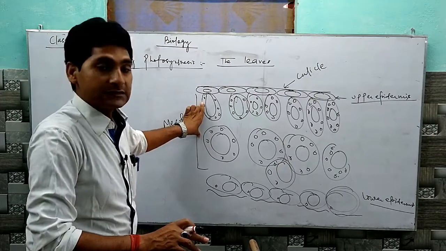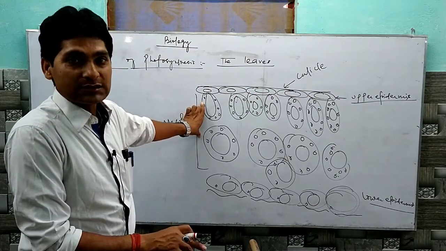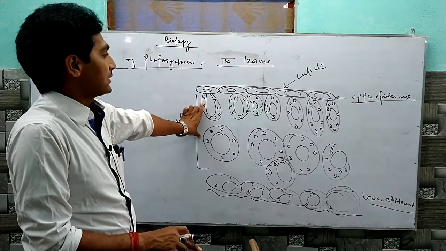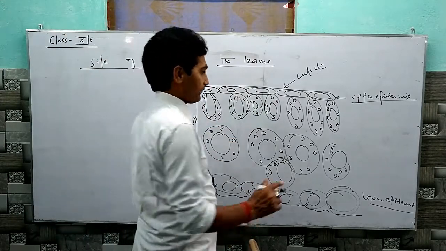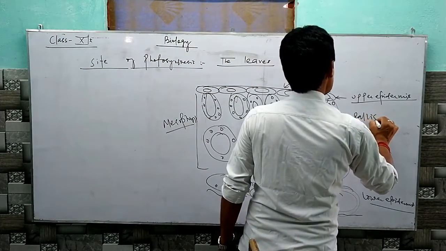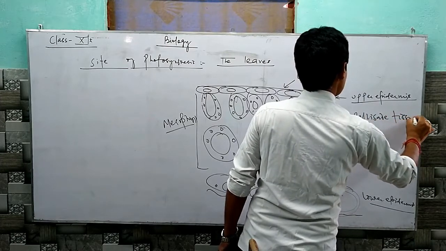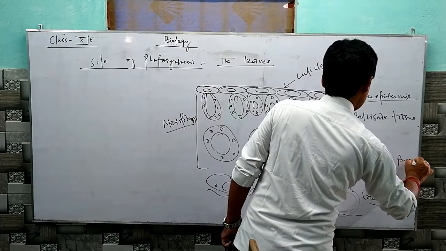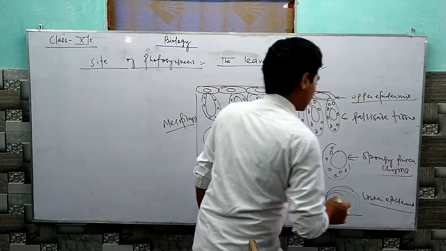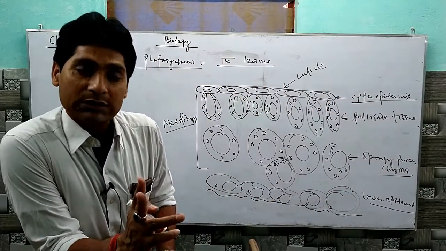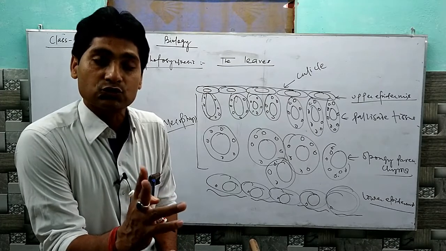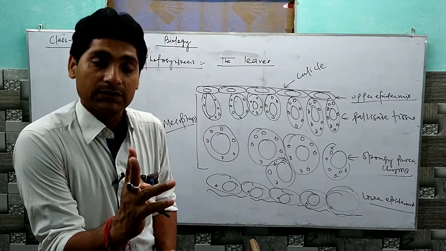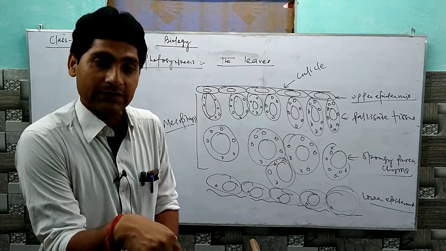Mesophyll is a ground tissue of the plant which is mainly composed of two important tissues: the palisade tissue and the spongy parenchyma.